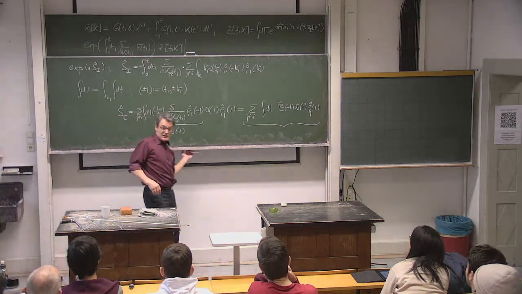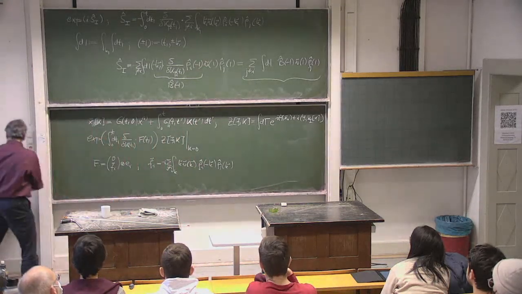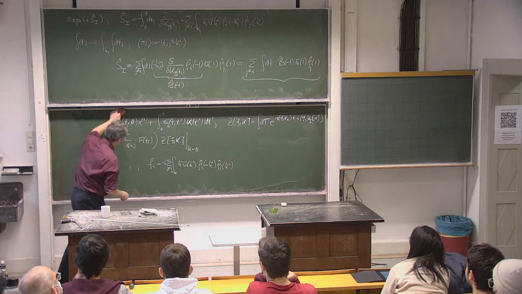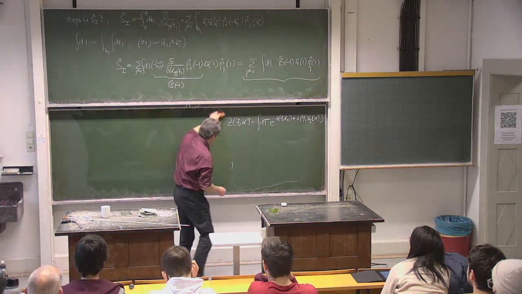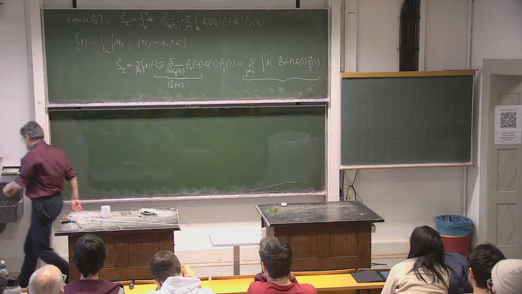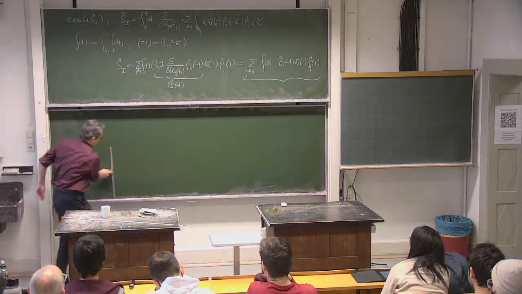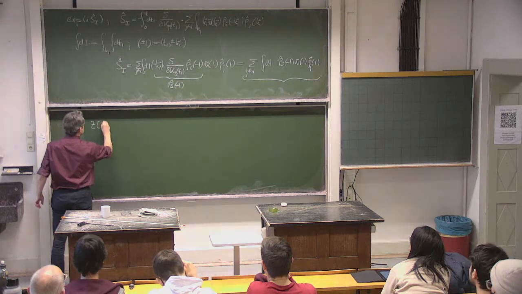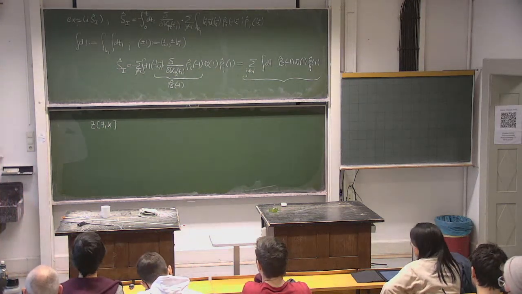Okay, so let me summarize what happened so far. We set up a generating functional now as a function of two source fields j and k.